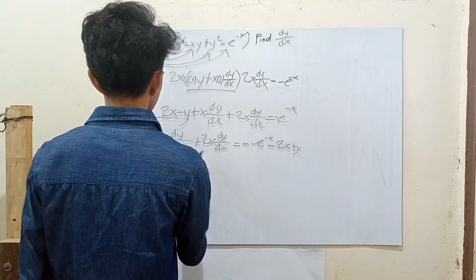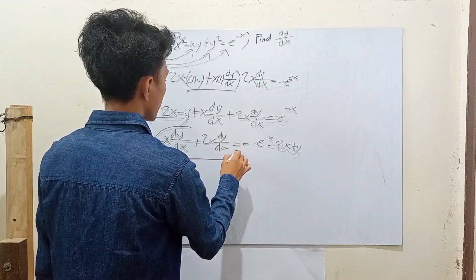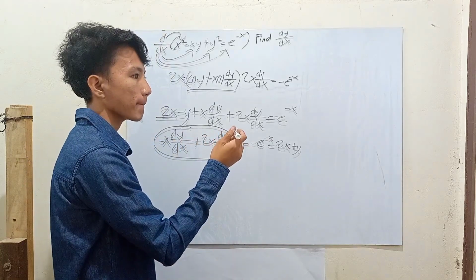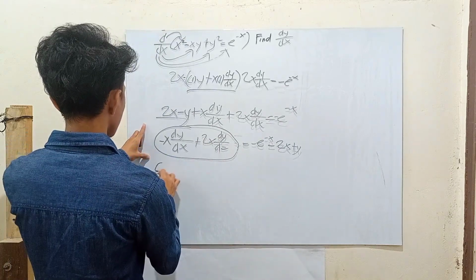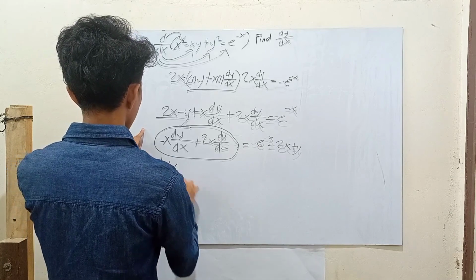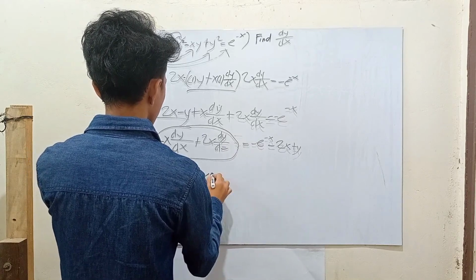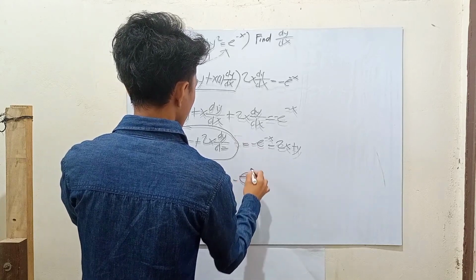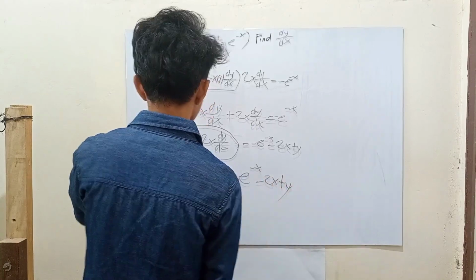Then next, we need to factor out this term. To factor this, put dy over dx, then open parenthesis, negative x plus 2x, then copy this, negative e to the negative x minus 2x plus y.